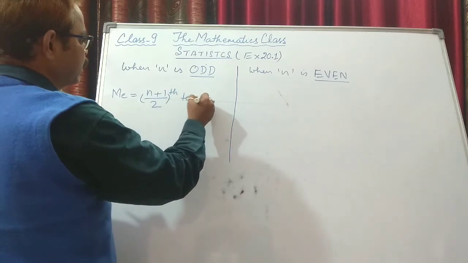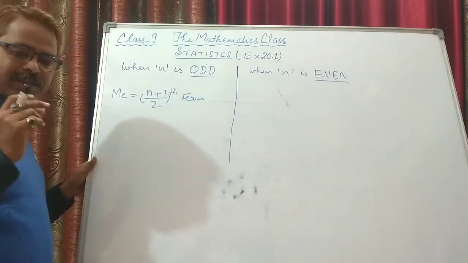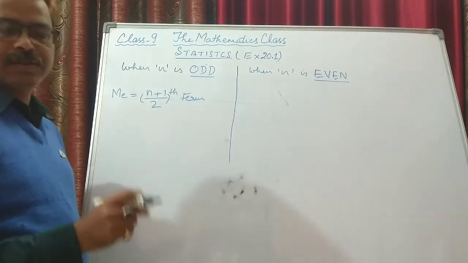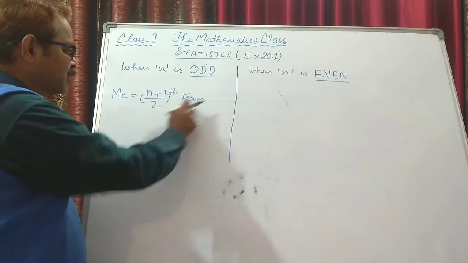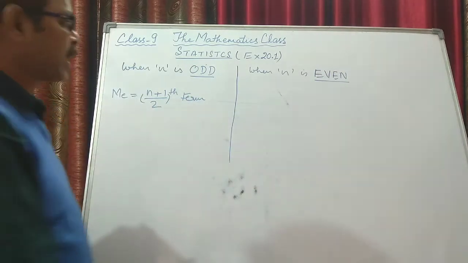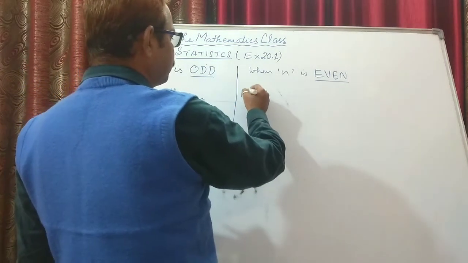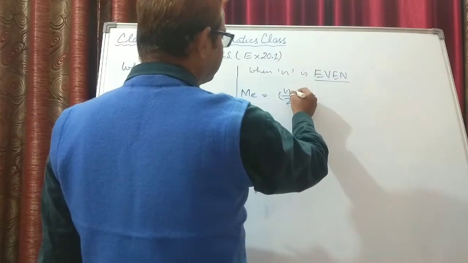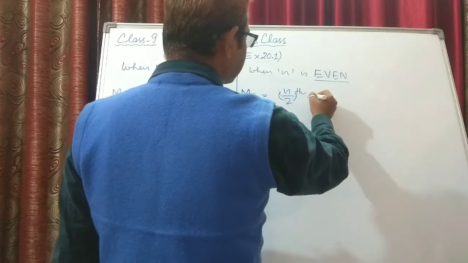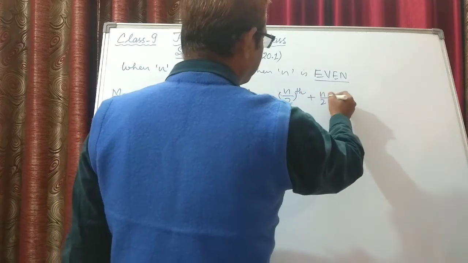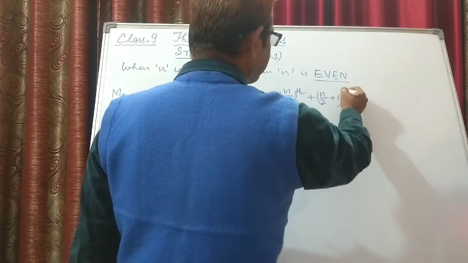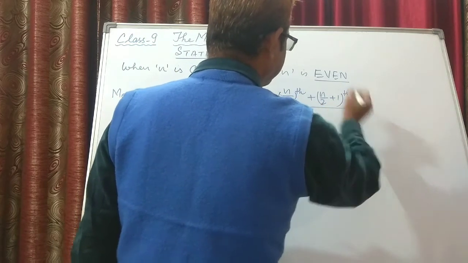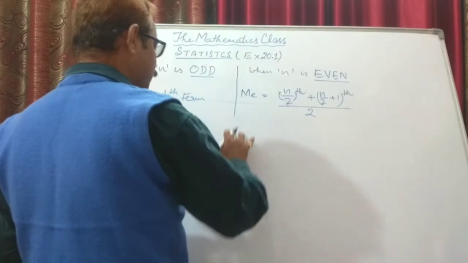Whichever value lies on this term in the arranged data is the median. And when n is even, then median is the (n upon 2)th term plus the (n upon 2 plus 1)th term, upon 2. So you need to remember these formulae.